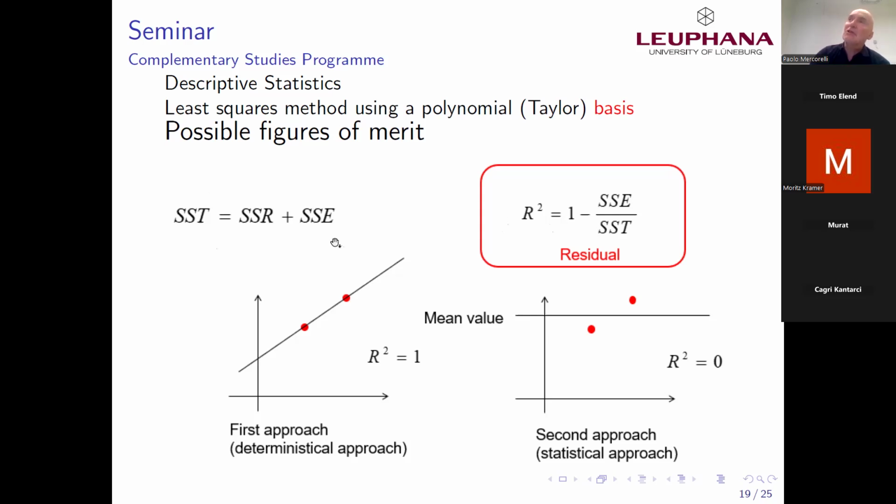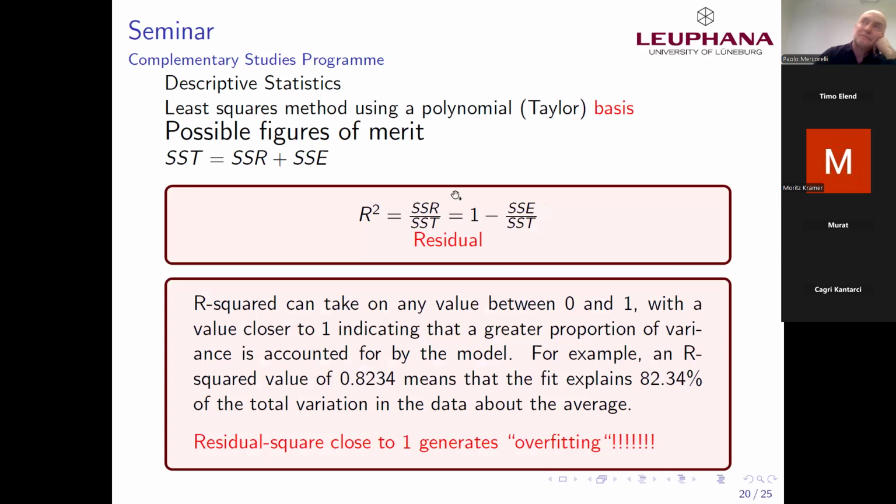This means this expression here, I can divide it by SST because SST is known. SST depends just on the values. This expression can be written as 1, which is SST divided by SST, equal to 1 minus SSE divided by SST, equal to SSR divided by SST, which I call R squared. Probably the data science students know what this R squared parameter is.